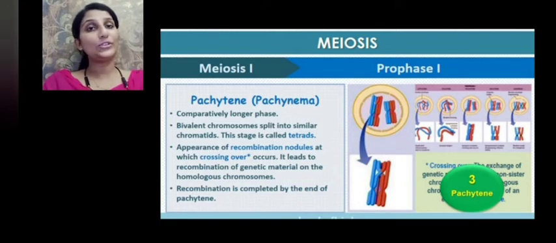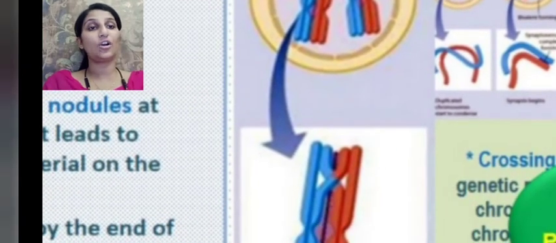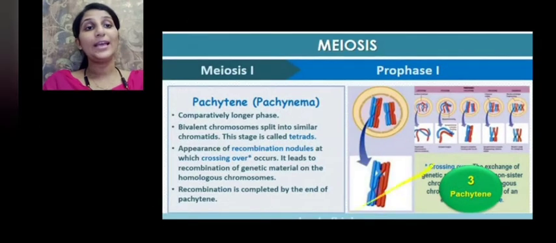For crossing over to take place, recombination nodules are formed. Recombination is completed by the end of pachytene. Here we can see that at the position of these recombination nodules, exchange of genetic material is taking place.